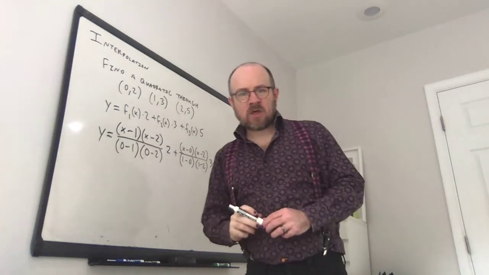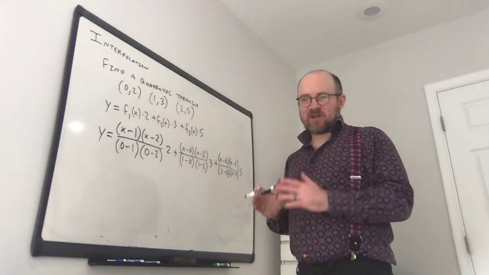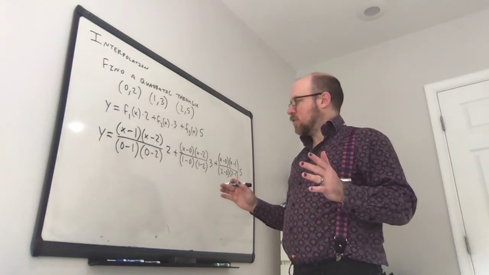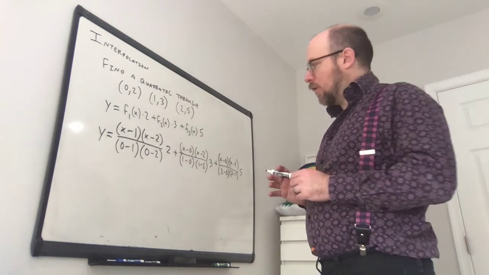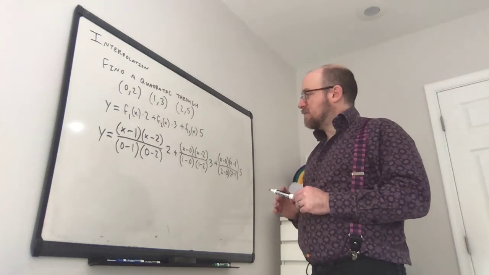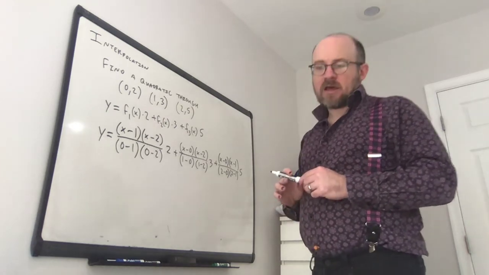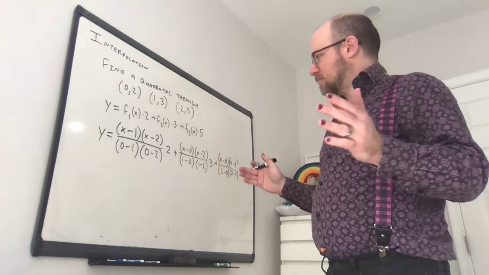Okay? So you can simplify this down. There's a lot of arithmetic you can do in algebra. You can work this out, so I'm not necessarily going to go through all of that. If you simplify down the algebra, you can reduce this down to a classic polynomial like we would expect.